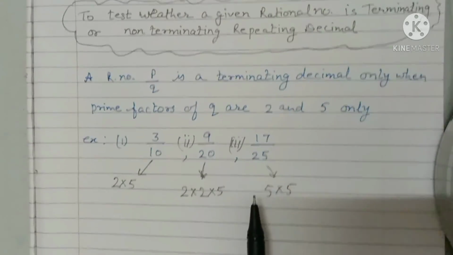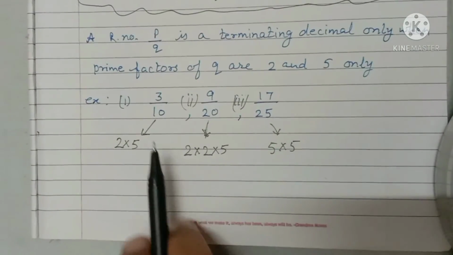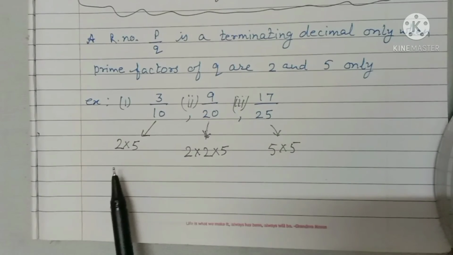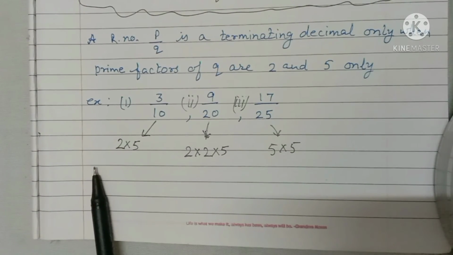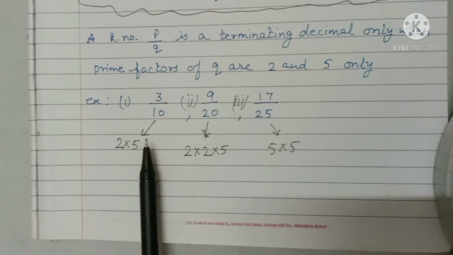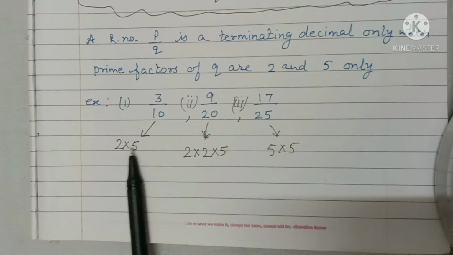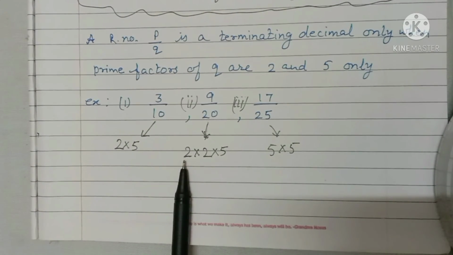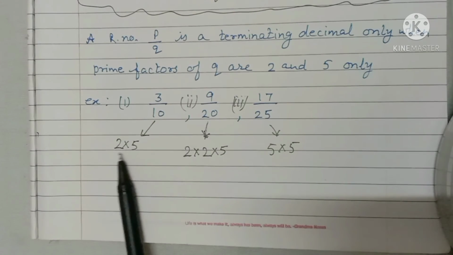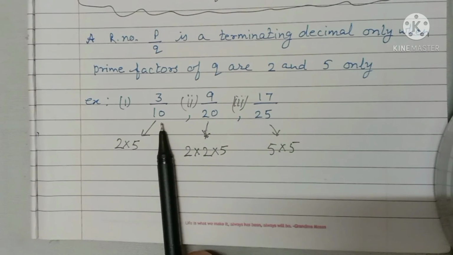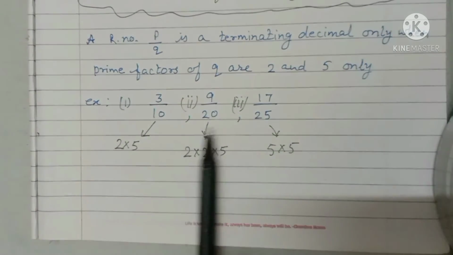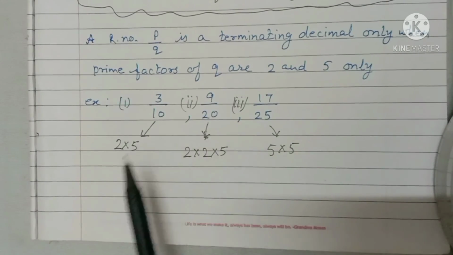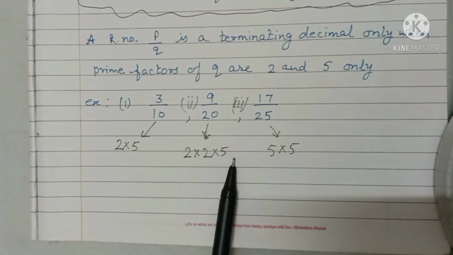So the meaning of this will be that the denominator of each has no prime factor other than 2 and 5.